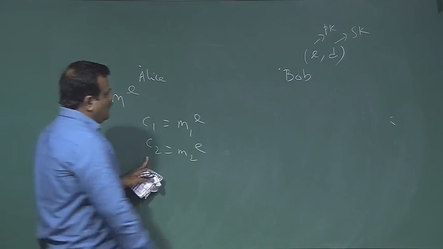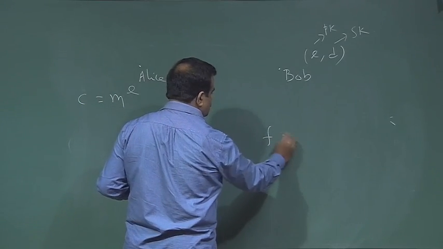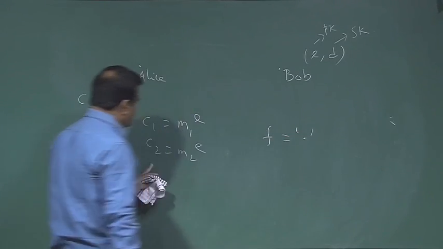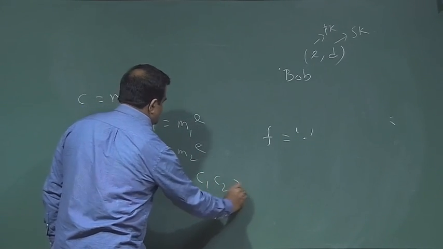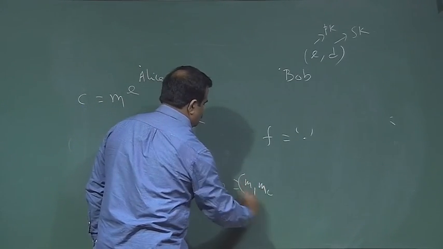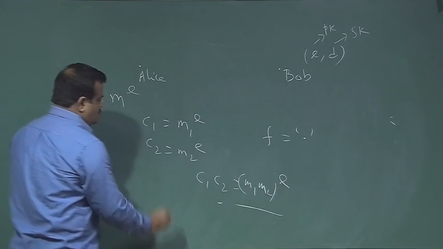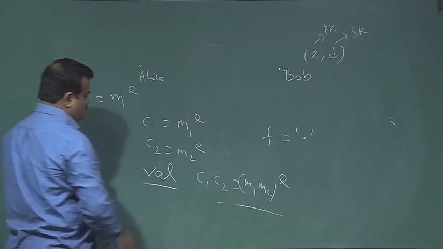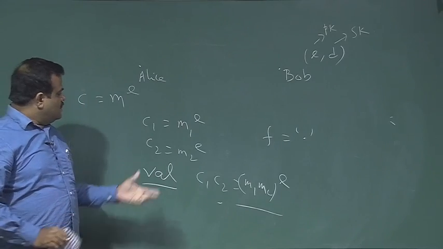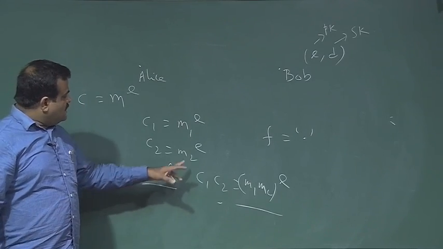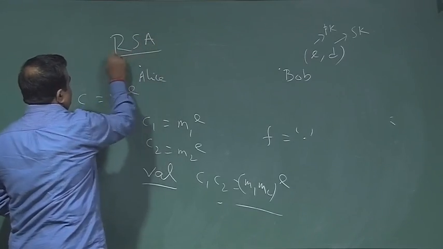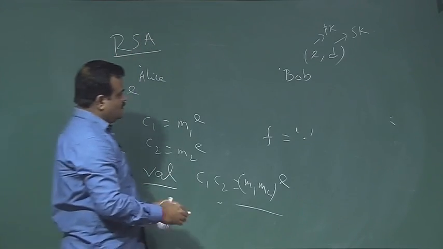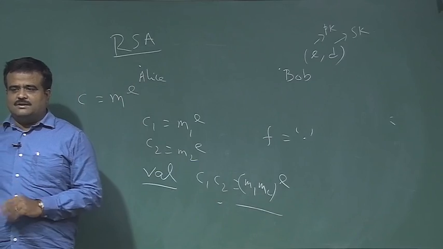If our f operation is the dot multiplication, then we can get the product c1 times c2, which is m1 m2 to the power e. So this is the eval operation which the server can do, but RSA cannot be applied for plus. If f is plus, then RSA cannot be applied.